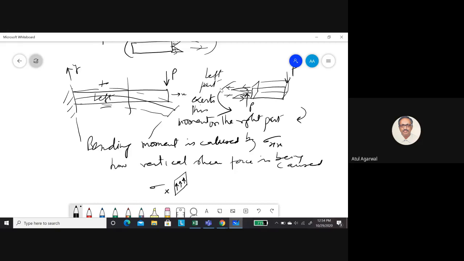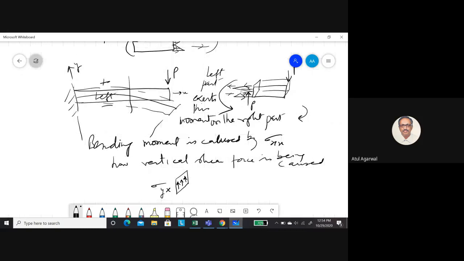Y direction. So these are shear stresses, you see, sigma yx. And they are providing this force P if you add them up. Do you get it? Yes, sir. Somewhere there has to be these shear stresses to provide this force P.